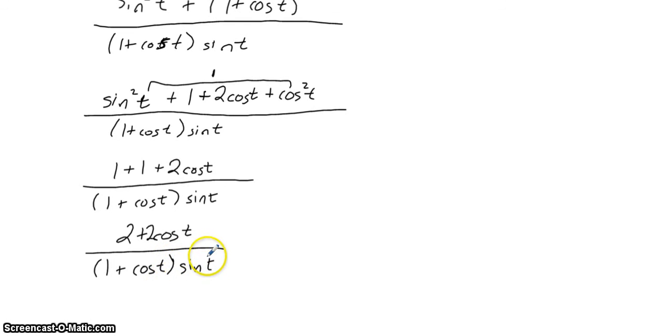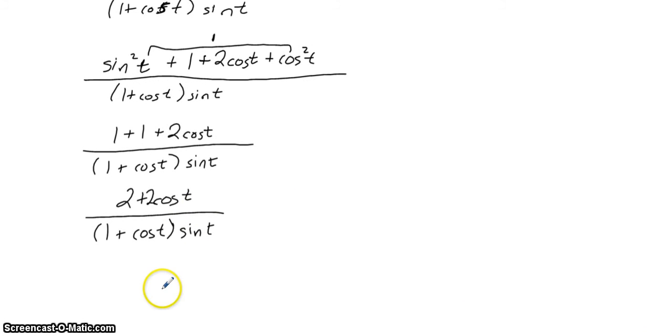I see a 2, and I see where the cosecant's coming in of t, because it's a reciprocal, or over sine of t. But I got this. Again, what do you see? If you can recognize it, do it. If you don't recognize it, and this is better, numerator has a common factor of 2.